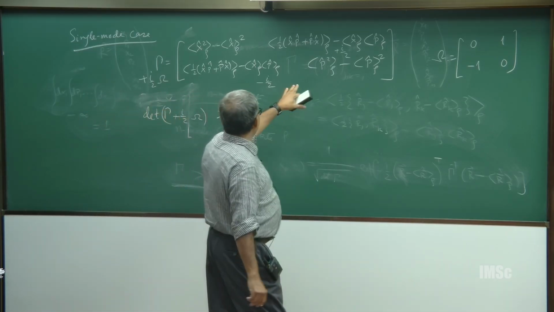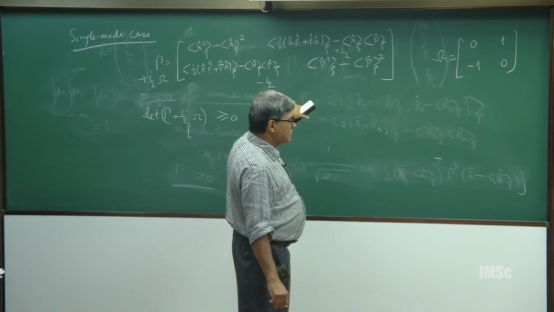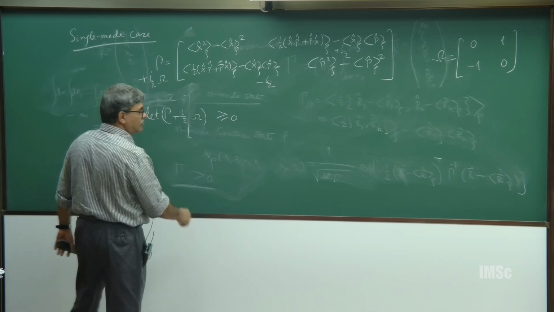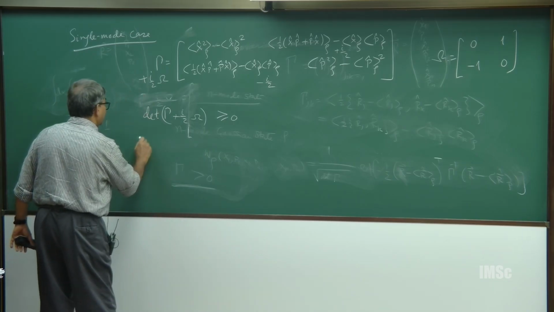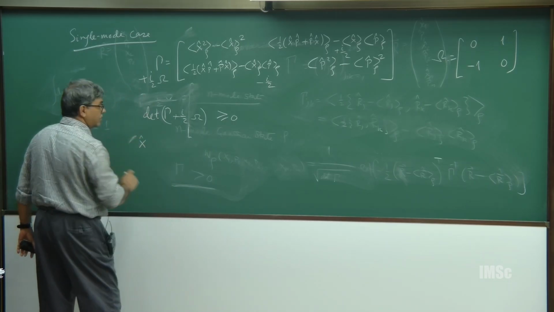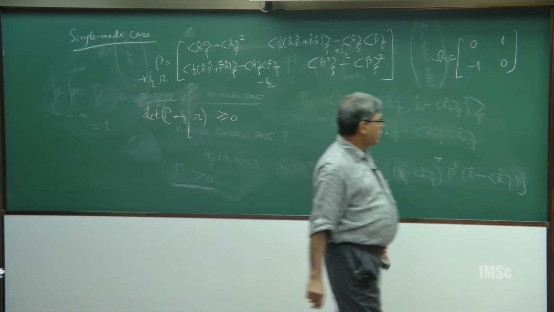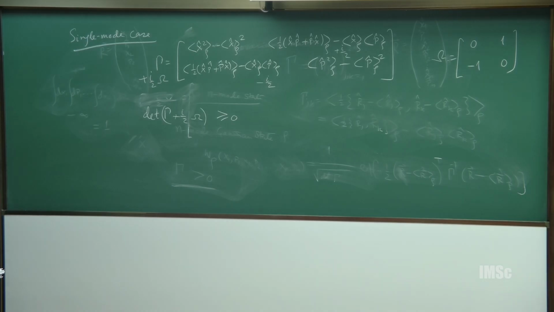Now, what about this determinant? Can you tell me? I do not want to write, but I guess I will have to. The first term, 1 by 4, will come, so anyway it is greater than 0.